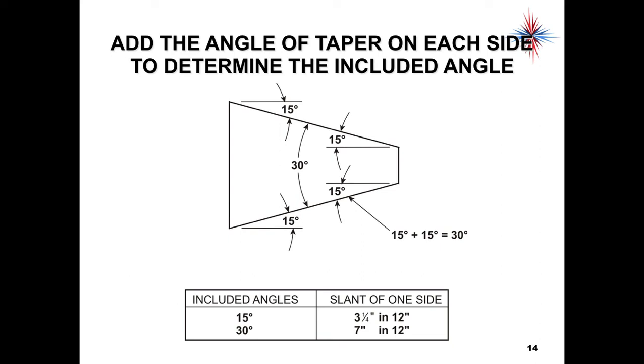The included angle is based on the slant of one side in 12 inches. So if I am slanting in 3.14 inches over the course of 12 inches, my angle is 15 degrees. If I'm slanting in 7 inches over a 12-inch period, my angle is 30 degrees. If it's done on both sides, you have to add those together.